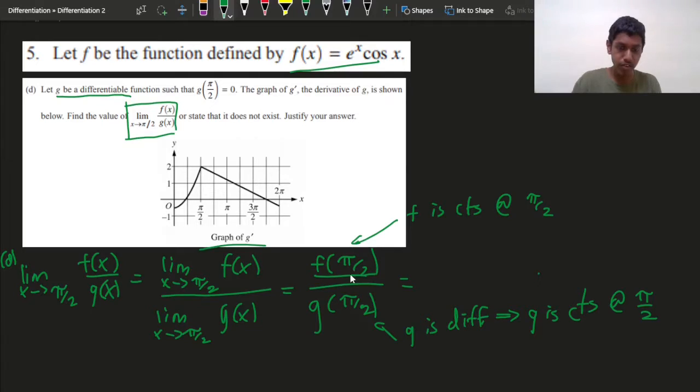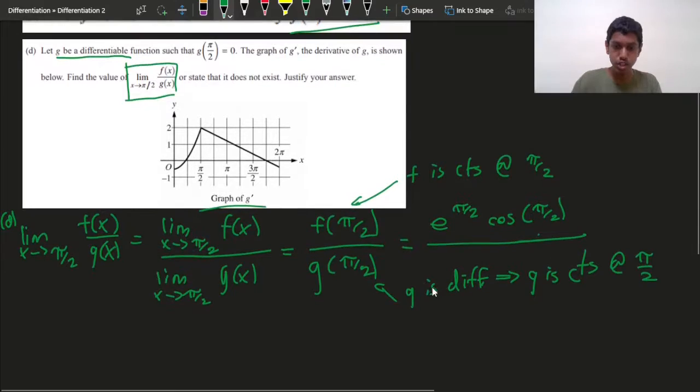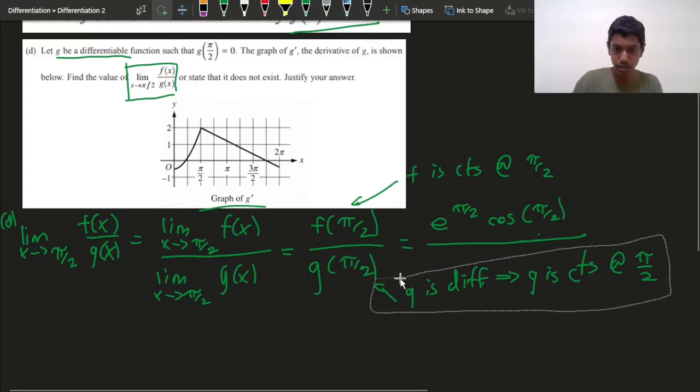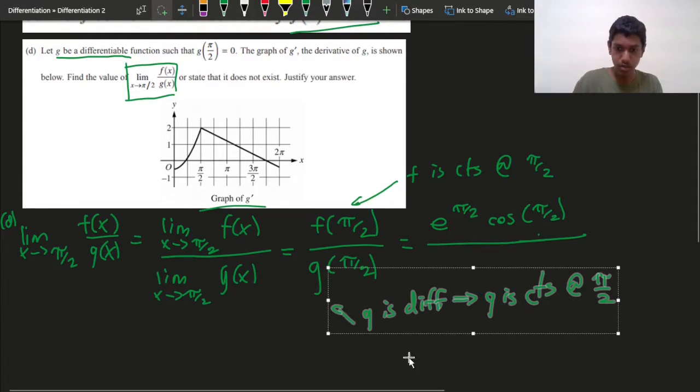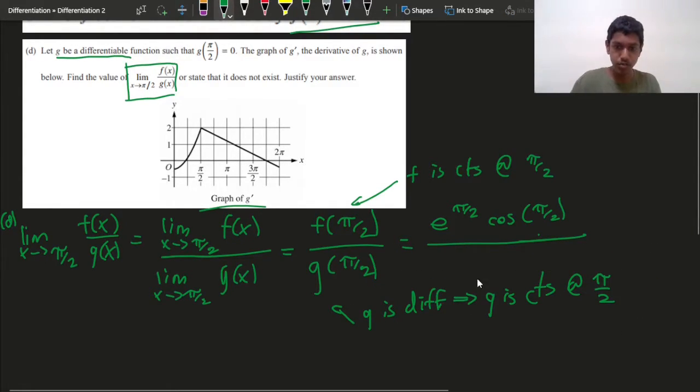So f of pi over 2 is going to be e to the pi over 2 times cosine pi over 2. And then g of pi over 2, let me just move this stuff real quick. So g of pi over 2 is going to be 0, right?